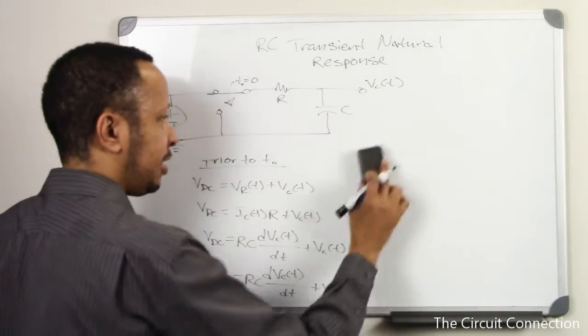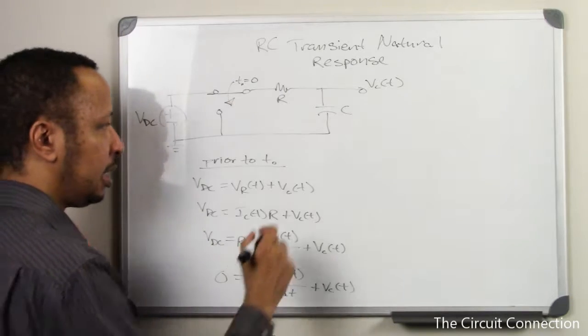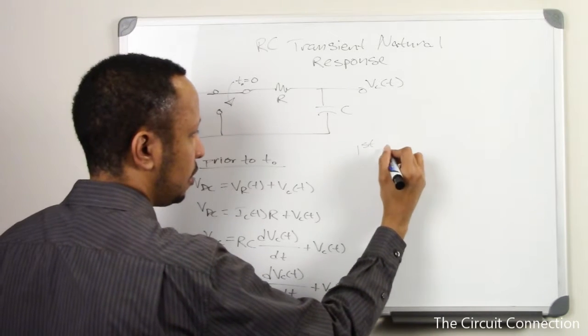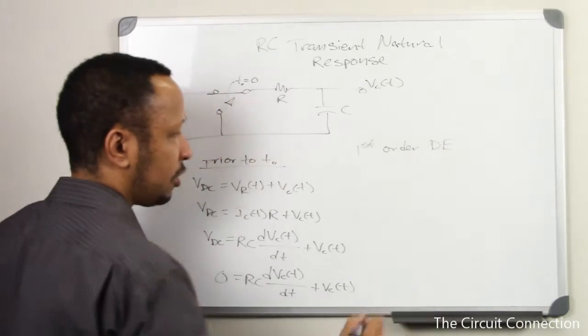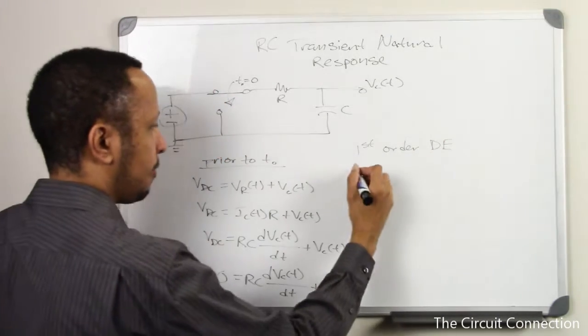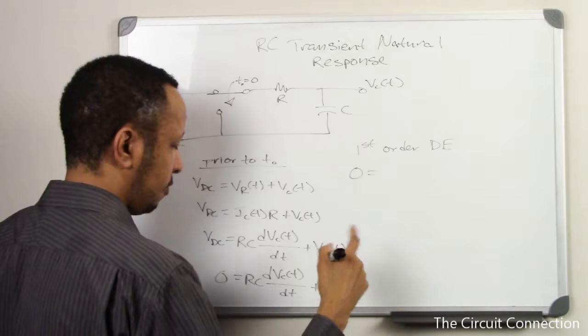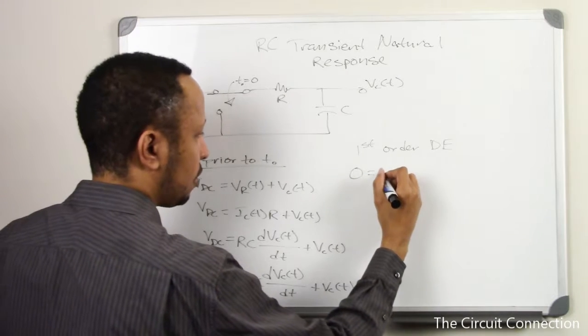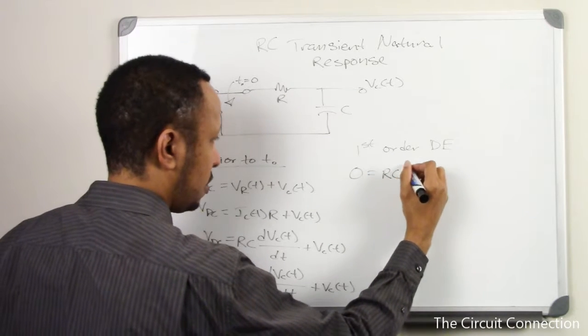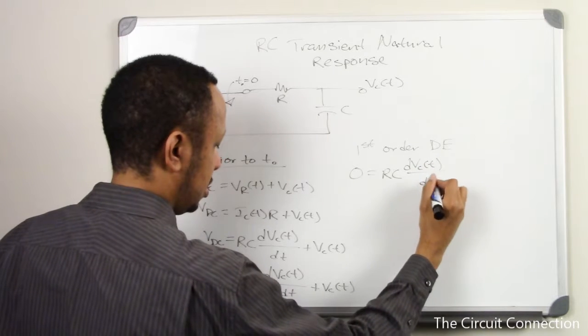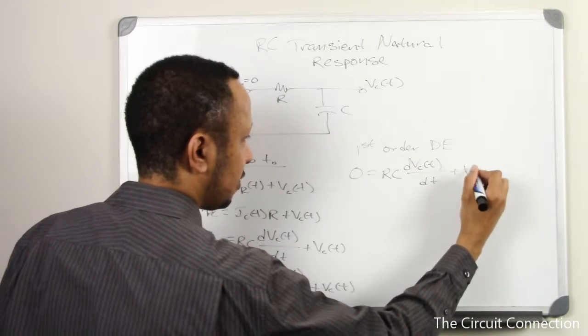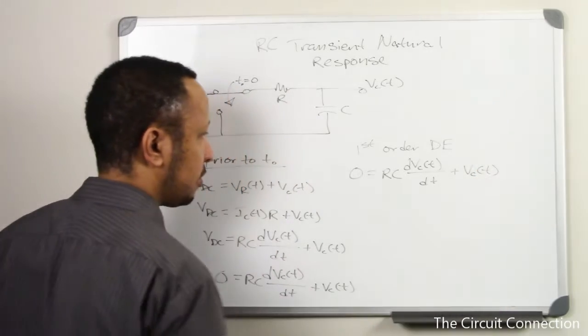What we have here at this point is called a first order differential equation. Again, I'll write it up here again: 0 equals RC dVc of t dt plus Vc of t.